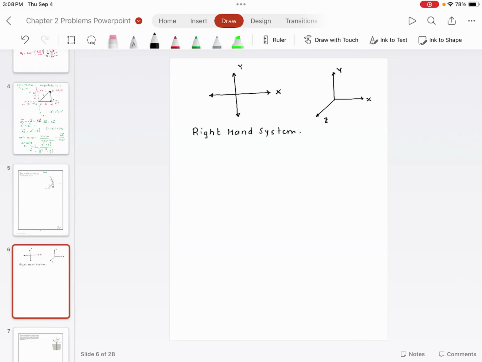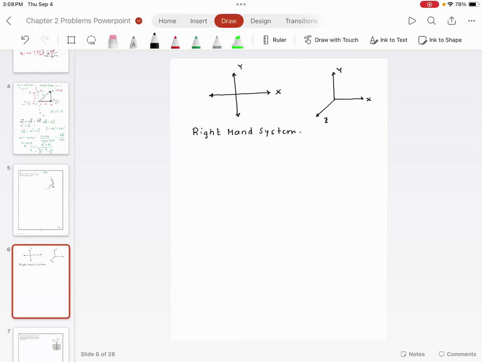Now, in addition to that, there is the concept which is called the curve or the movement or the rotation. I want you to follow this guideline. If you curve your fingers in the direction of rotation, and if your thumb is aligned with the positive X, positive Y, or positive Z, that rotation is positive.